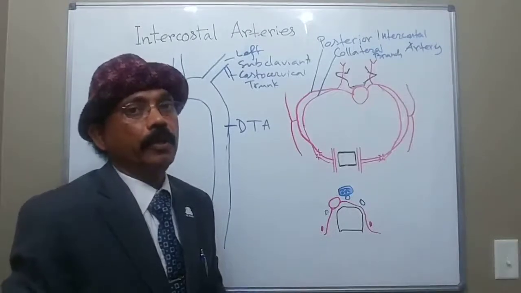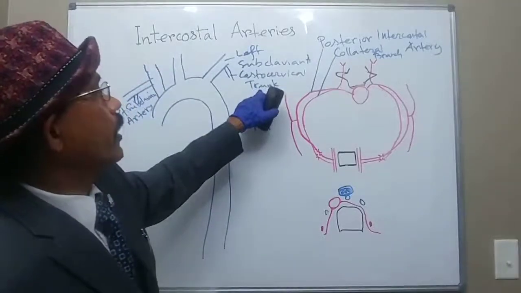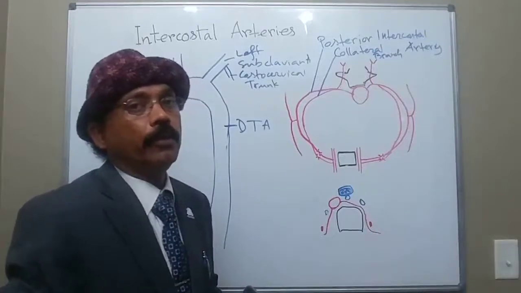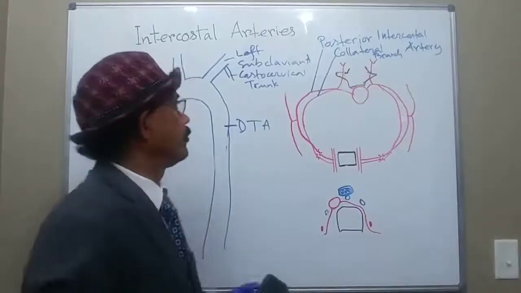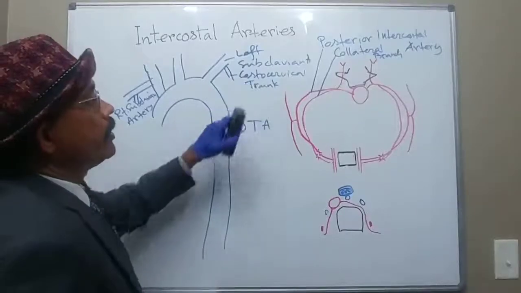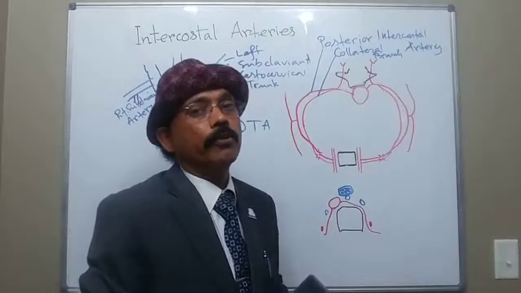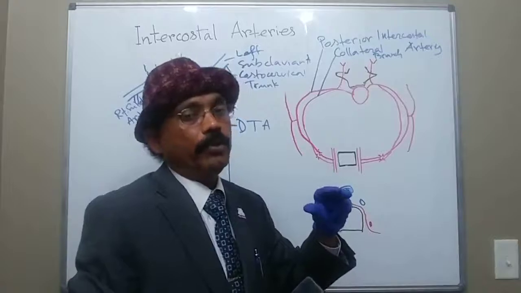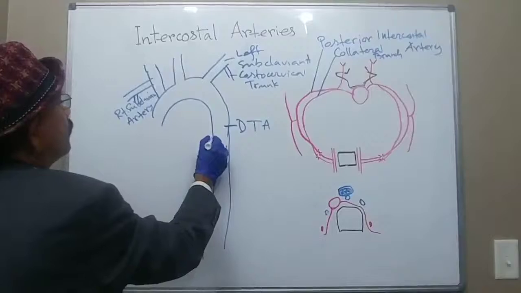It has another branch, the deep cervical artery. From the superior intercostal artery we'll get 2 posterior intercostal arteries, one for the first intercostal space and another for the second intercostal space.